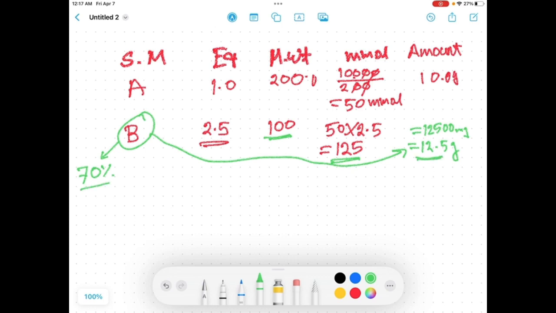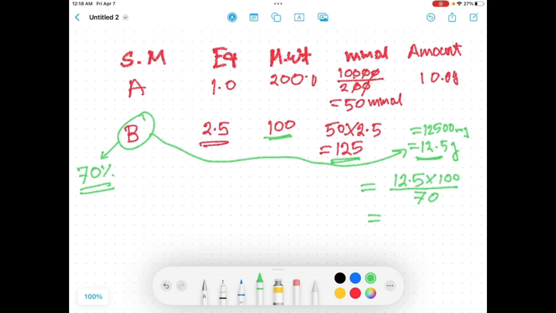But since B is only 70% pure, you have to find the real amount you need. In that case you have to multiply by 100 over the percent. So 70% means just divide that amount by 70 and times 100. So you will need a little bit more. It is basic, right?